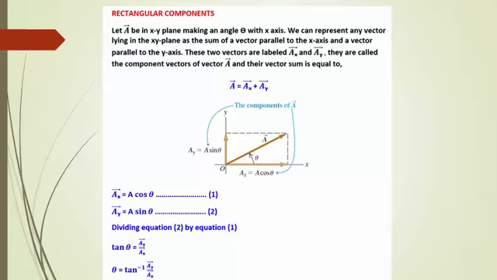Then they are called the components of vector A and their vector sum is A is equal to ax plus ay. In the given figure, ax is equal to A cos theta, ay is equal to A sin theta. Dividing equation 2 by equation 1, we get theta is equal to tan inverse ay by ax.